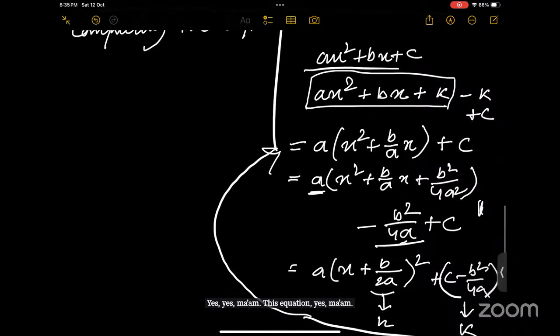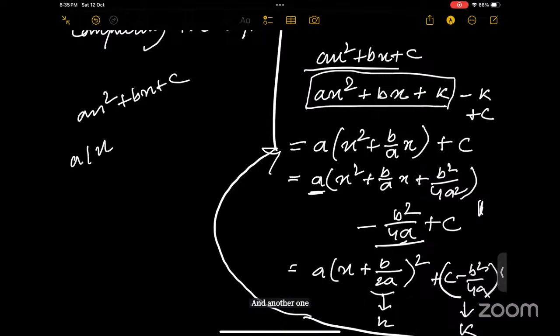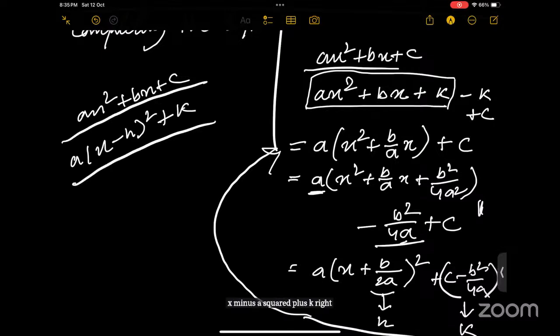Okay, so for a parabola, we had two types of equations, right? One was in the standard form, ax squared plus bx plus c, and another one was a(x minus h) squared plus k, right? It was two different types of expression we had. From this equation, we can easily compute the vertex, which will be (h, k).